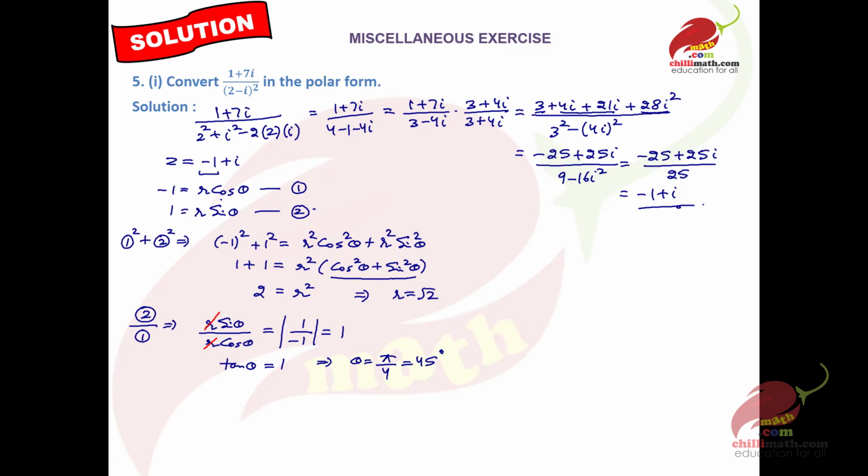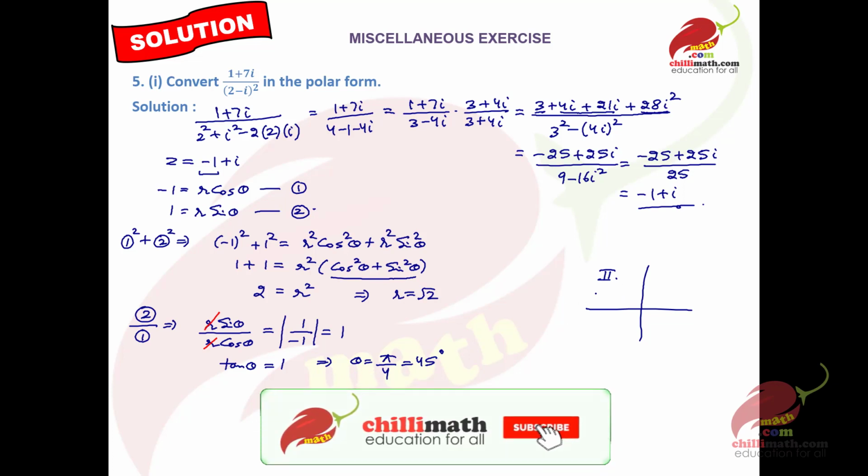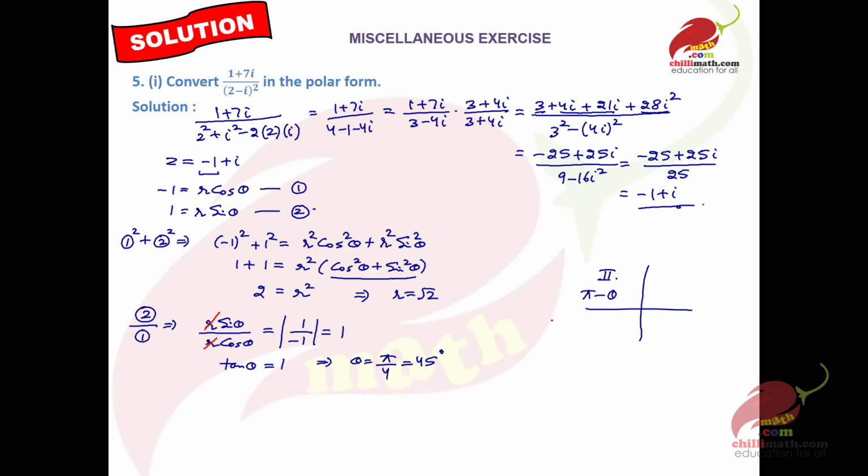Now this may not be our actual angle, so we have to check it from equations 1 and 2. So from equation 1, our cos theta is negative and sin theta is positive. So this is possible only in second quadrant. In second quadrant, cos theta is negative and sin theta is positive. And if theta is in the second quadrant, then actual angle will be pi minus theta.